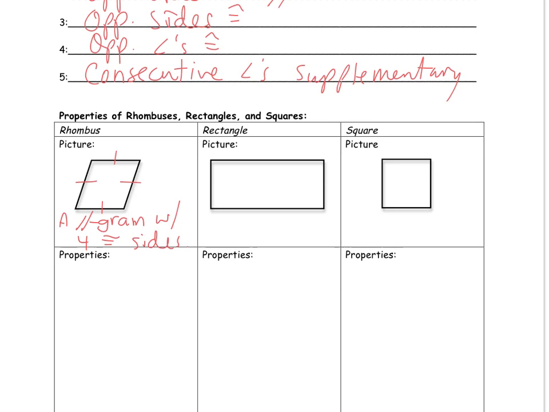Does anybody have anything else for a rhombus? So what can we add to it? Something that makes it different. Okay, well, one of them is that the diagonals are going to be perpendicular.